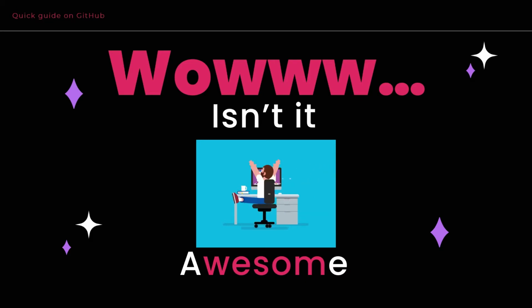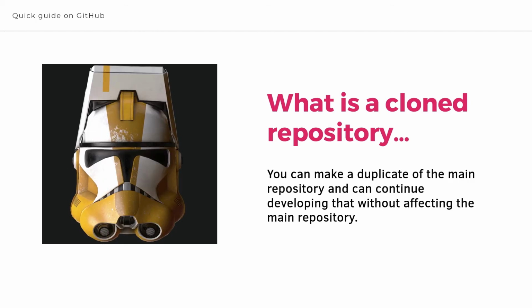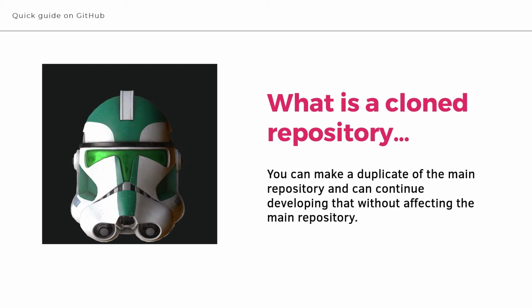Wow! Isn't it exciting, guys? This allows you to work freely on the code and make changes until you succeed. Even though you are making the changes, the main code which you have worked on so far will be saved as it is without being affected. This sounds awesome, right? Before showing how to fork a repository, let me explain what a cloned repository is.